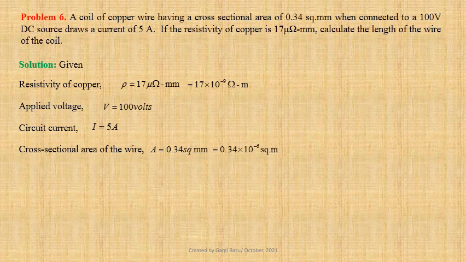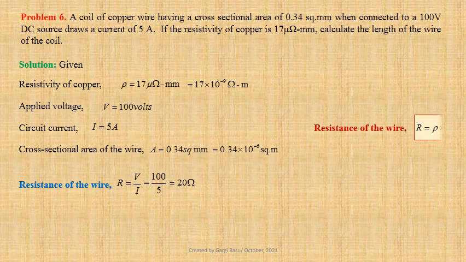Let us first determine the resistance of the wire. R equals V divided by I. Using values we get 100 divided by 5, that gives us 20 ohm. Expression for resistance of the wire R equals rho into L by A. Therefore, length of the wire L equals R into A by rho.